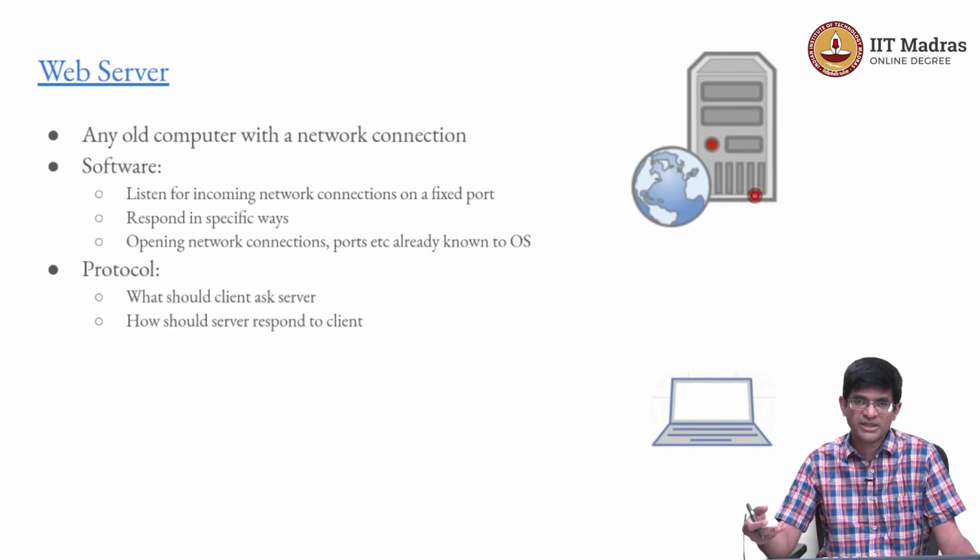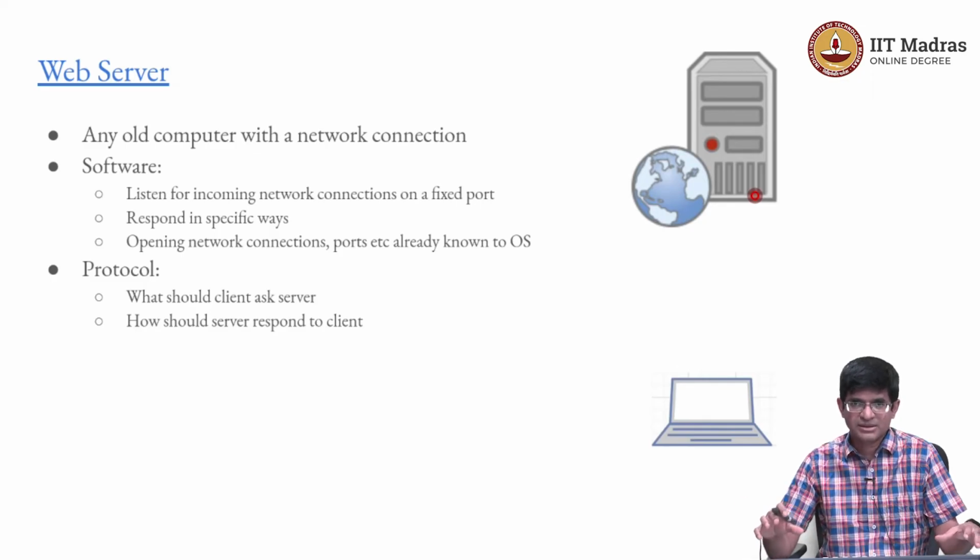And now this information further says what is the request, do I want to get a file, if so which file, right, what kind of languages am I willing to accept in response, what kind of responses am I going to accept, all of that information is sent as part of the header information. That defines the protocol, and it also tells the server how it should respond to the client, right.